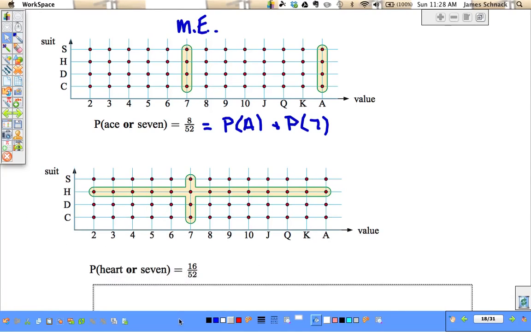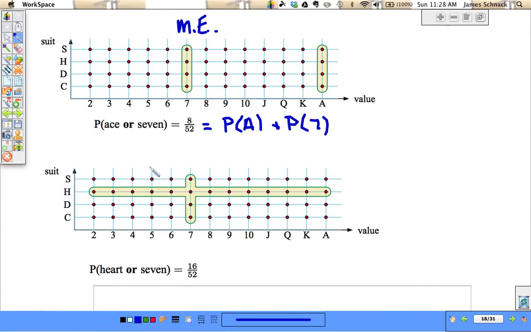Now, if we shift to a heart or 7, remember we said that this event was not ME, not mutually exclusive. And notice what we have visually. This row of dots represents all of the cards that are hearts, and this row of dots represents all of the cards that are 7s. And notice there's this one that is overlapped in both groups.